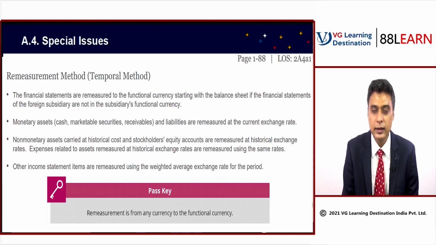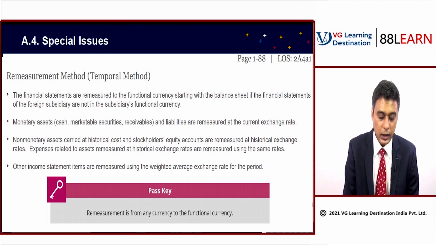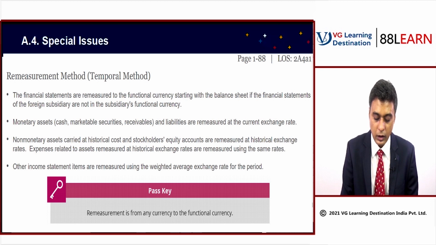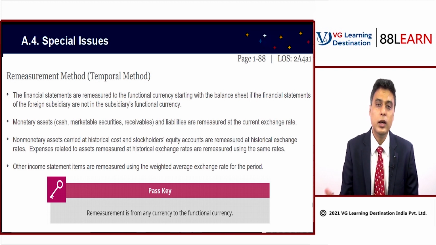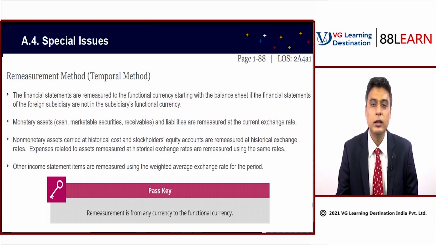So monetary assets and liabilities at year-end rate, non-monetary assets at historical cost, stockholders' equity at historical rates, right? So, sorry, non-monetary assets which are carried at historical cost, like property, plant and equipment, are going to be at historical rates, and also the stockholders' equity accounts are at historical rates.